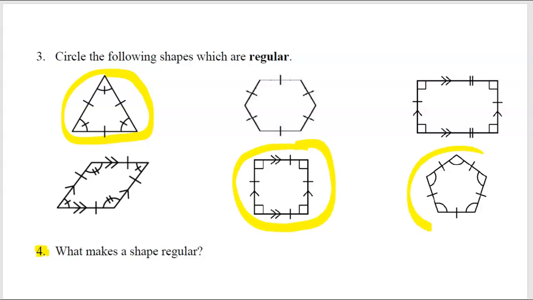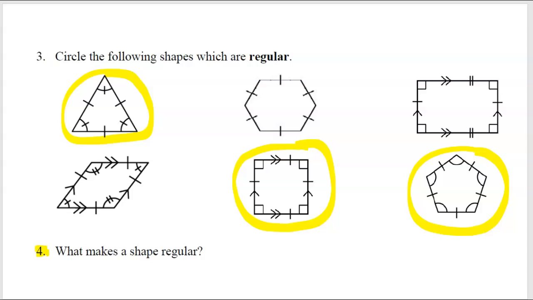You're going to circle this guy. Here's my hint, right? If you're struggling on what makes a shape regular, look to see what's in common between the 3 highlighted ones, but also look at the Polygon worksheet. Again, you can pause the video, rewind it a little bit, and see. What is in common between all of these? What makes it regular?